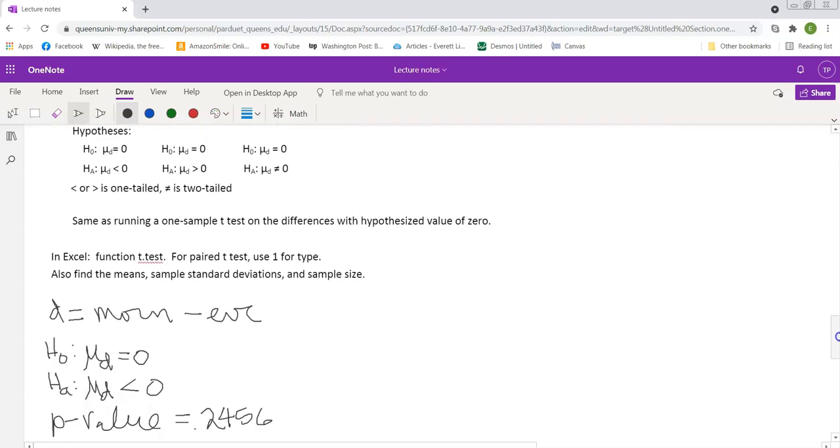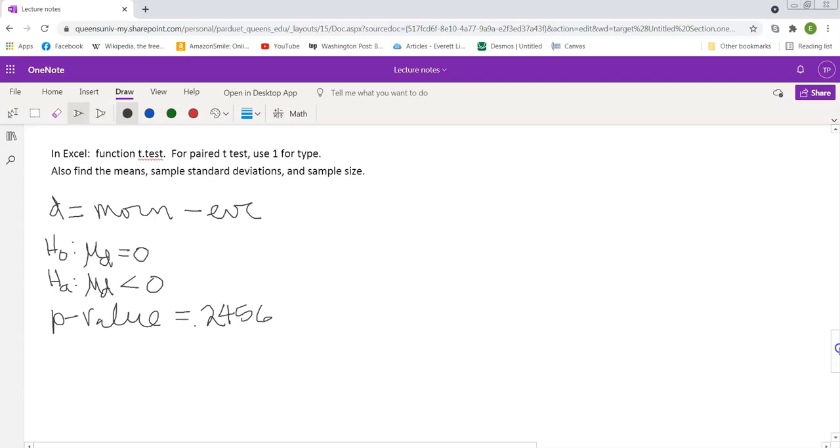Our three common levels of alpha, if you remember, are 0.1, 0.05, and 0.01. So let's just go with 0.05 and say that we reject H0 if the p-value is less than 0.05. In this case, that is not less than 0.05, so we are going to fail to reject H0.